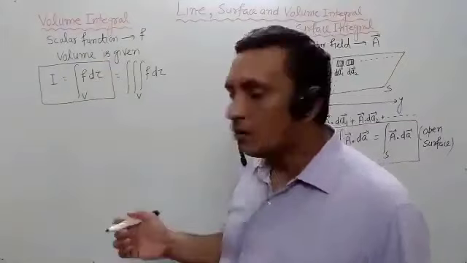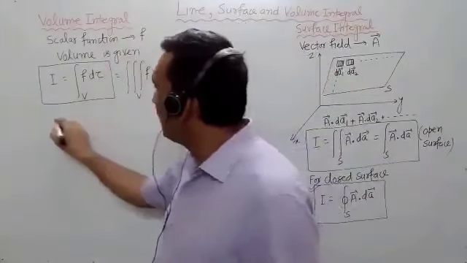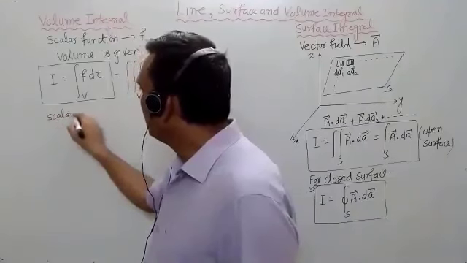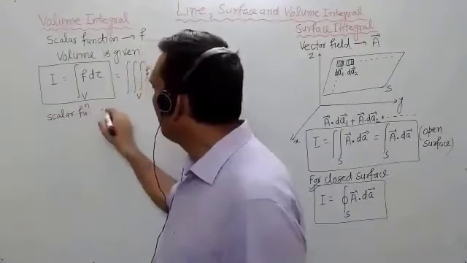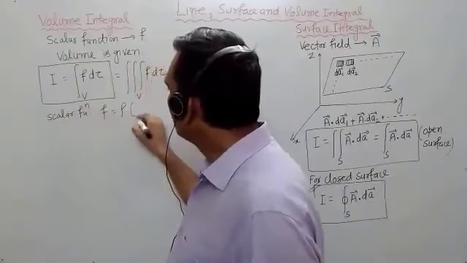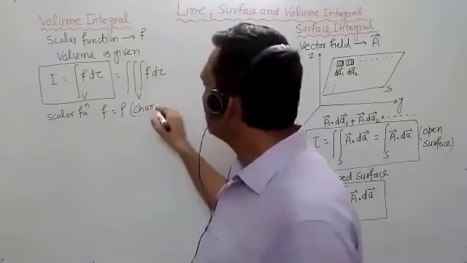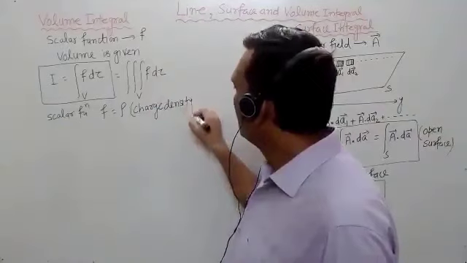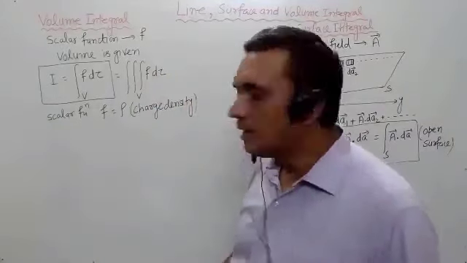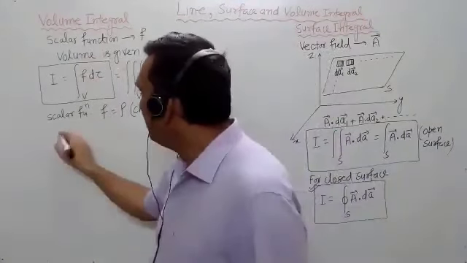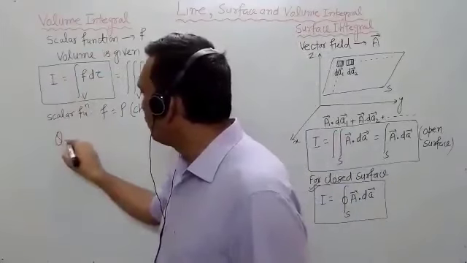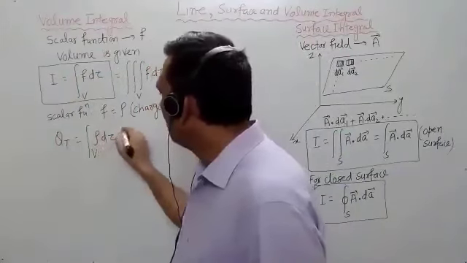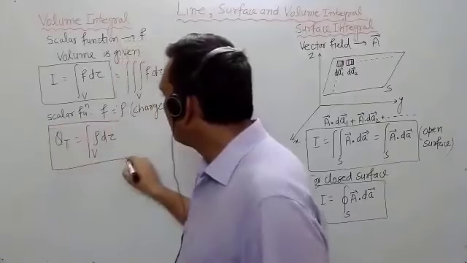Now you will see in electrostatics, when this scalar function f is rho. So what is rho? Let's take this example as charge density. So what will this integral represent? The volume integral of rho d tau will give you the total charge.